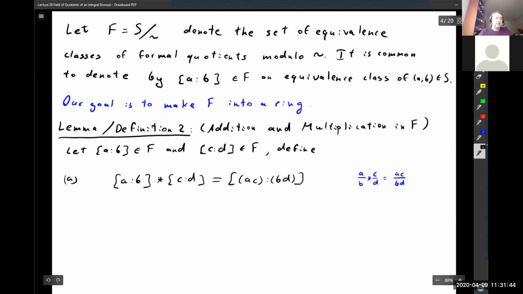Okay, so now for the addition, we will introduce the addition of quotients by the following formula. A over B plus C over D as an equivalence class of the following formal quotient, AD plus BC over BD, right? And this would correspond to the standard addition of fractions.